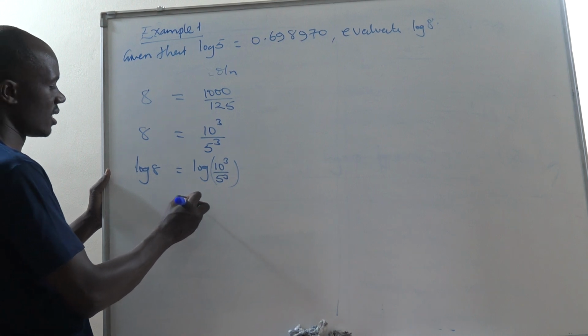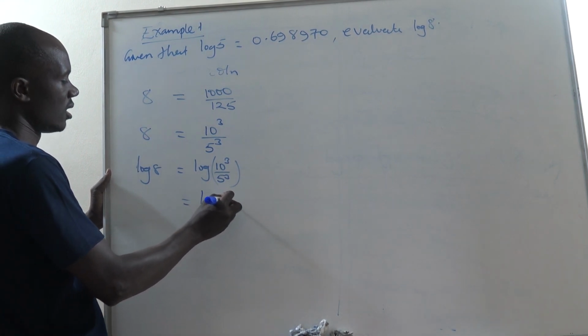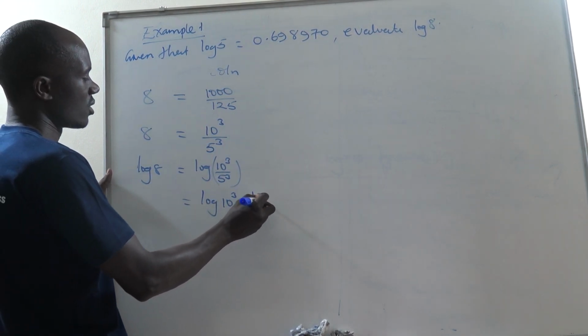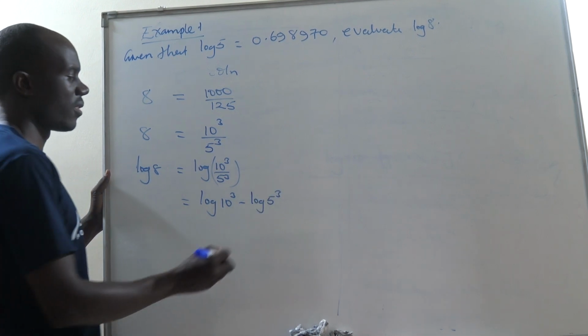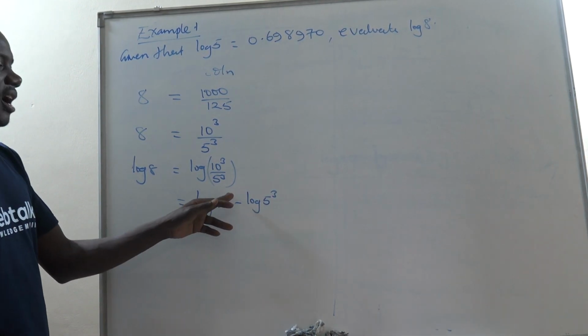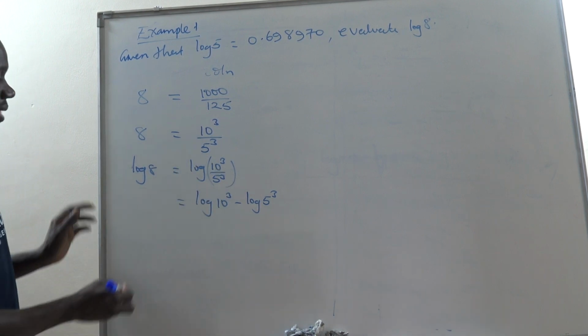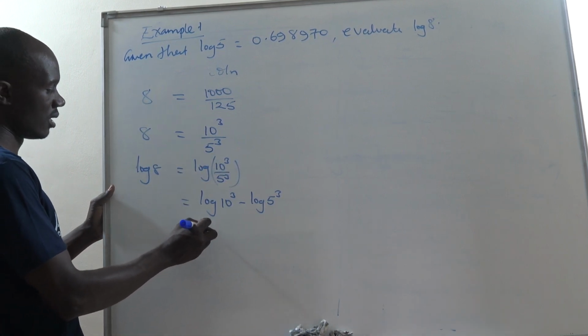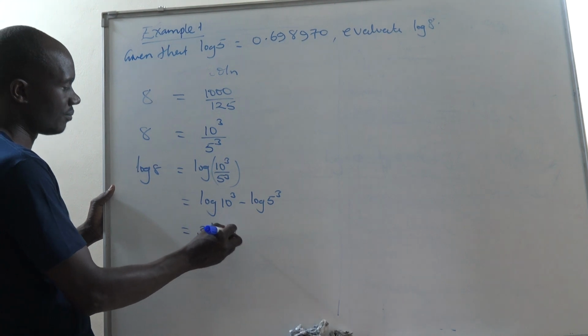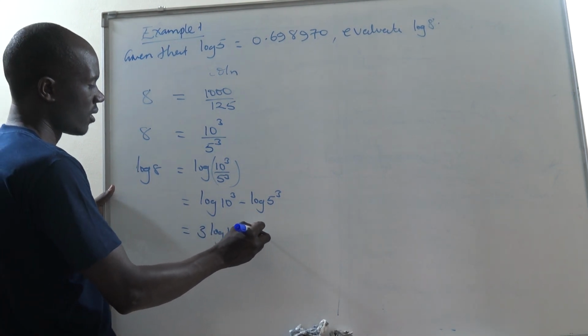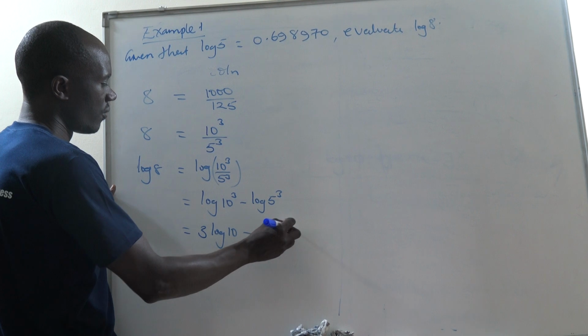So this is log 10 power 3 minus log 5 power 3. When the powers are there, they are brought to the front. So this becomes 3 log of 10 minus 3 log of 5.